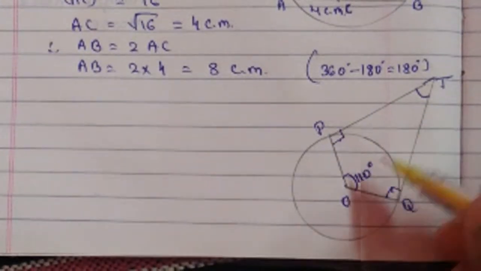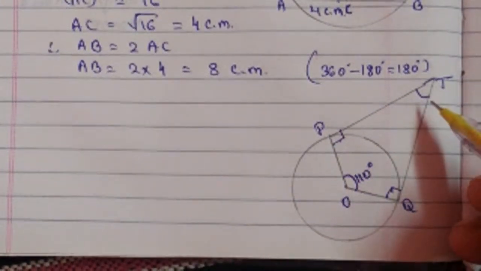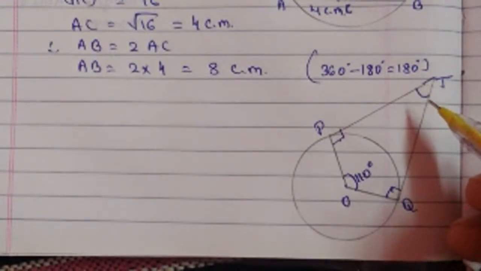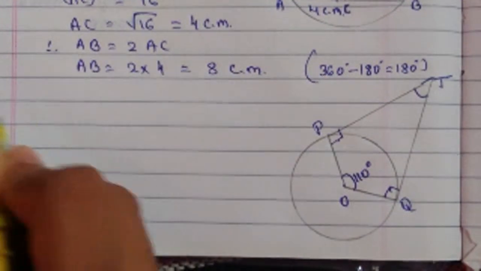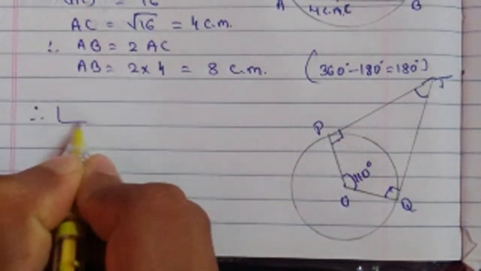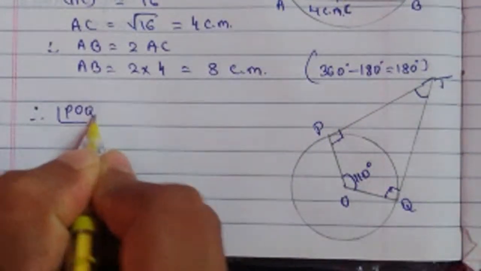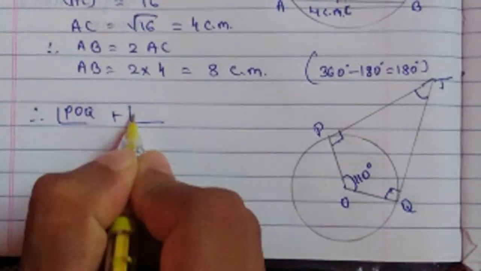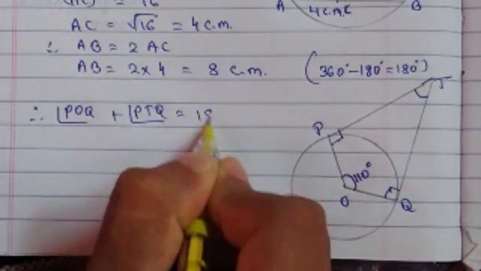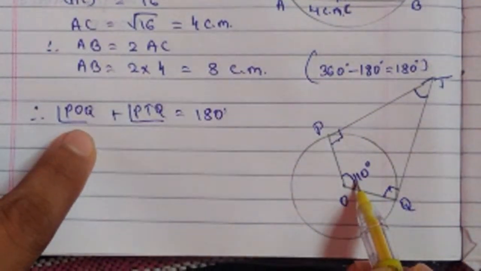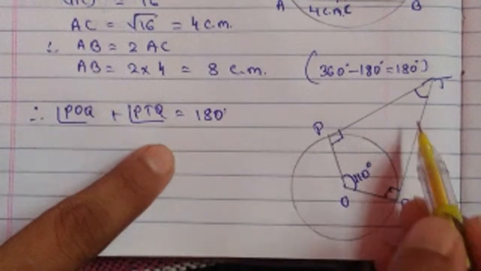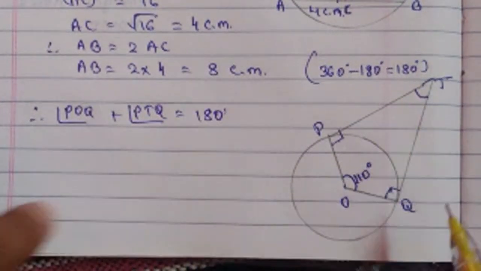Therefore the sum of angle O and angle T is 180 degree. Therefore angle POQ plus angle PTQ equals 180 degree.